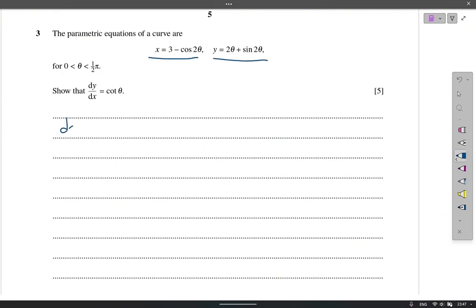The first step is dx over d theta. First, this 3 is constant, so we can just ignore that in taking derivatives. Next one is cosine 2 theta. The derivative of cosine 2 theta is 2 sine 2 theta.